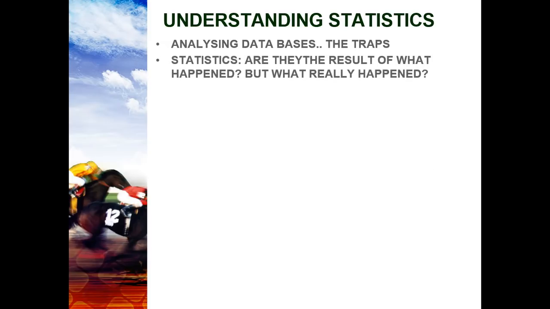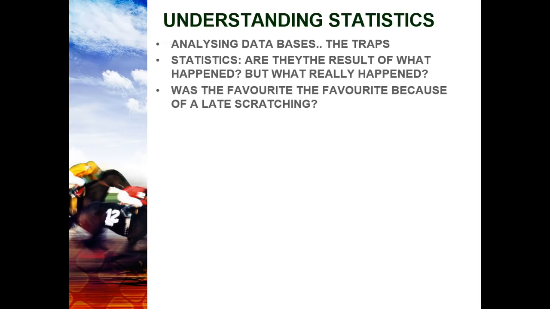Now, here's a little bit of a story on understanding statistics. There are traps, for example, in analysing databases. When we see the statistics, are they the result of what happened, or what really happened? You've got to question that. Was the favourite in that race the favourite because there was a late scratching, and that's why it's favourite? In other words, the favourite was scratched, so the horse that is now the favourite was not really the favourite.